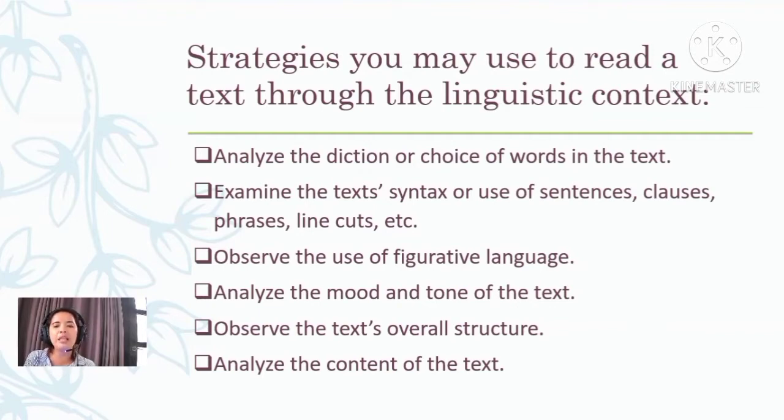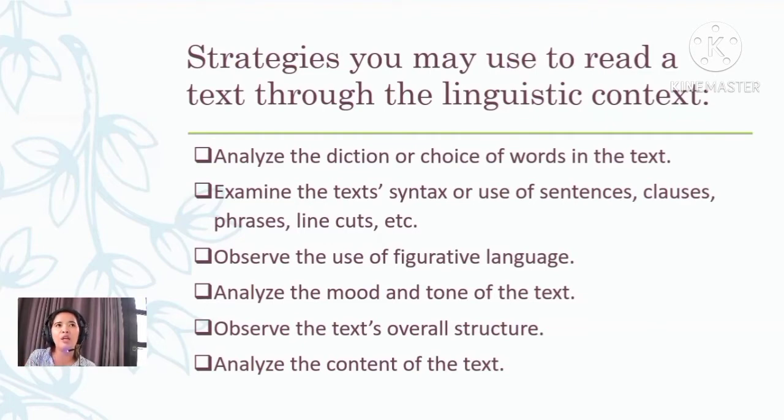Second, examine the text syntax or use of sentences, clauses, phrases, line cuts, etc. There are some authors who are not fond of long sentences. Some authors, in terms of poems, use more short phrases.